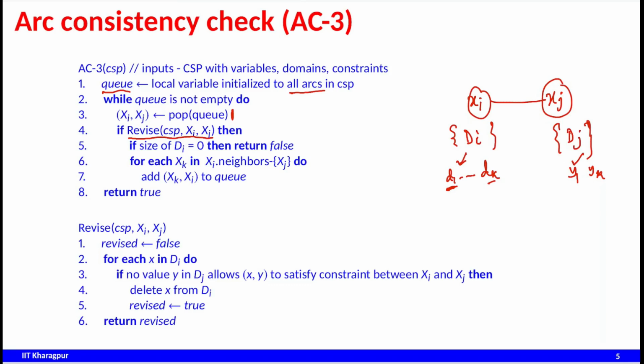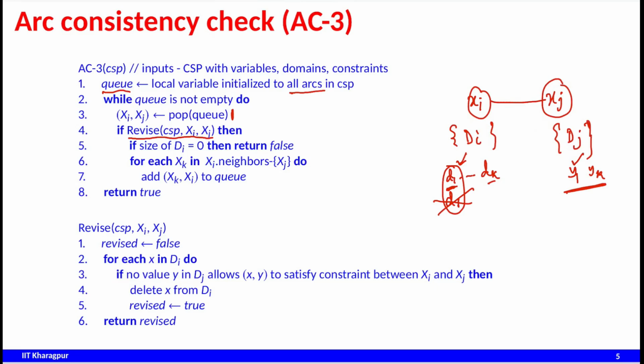So if it exists, then we cannot reduce this one. But if we choose d1 and find that there is no consistent solution in dj, then we can discard d1 from the domain, because I know that if I choose d1, then I cannot have a solution.